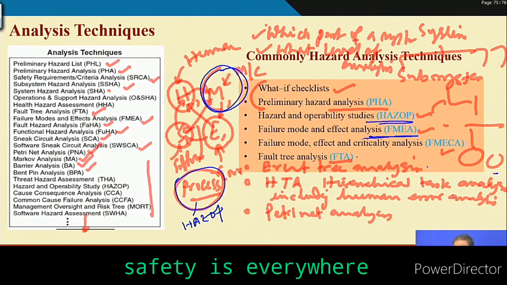Like the system breakdown structure, system failure will also be understood through different why analysis with gates and symbols, which will give you the fault tree. So, fault tree is a little higher level analysis, it can be applicable to everything. Event tree, fault tree, then HTA and human error for human hazard analysis. Petri net for software hazard analysis.